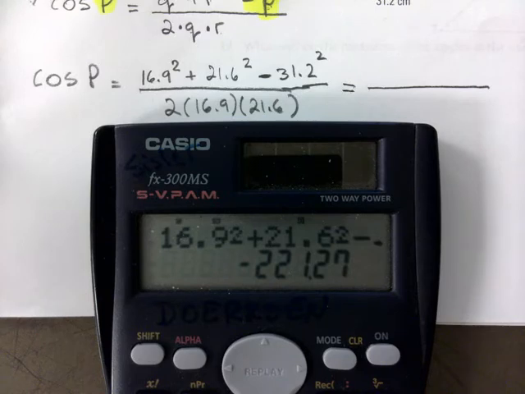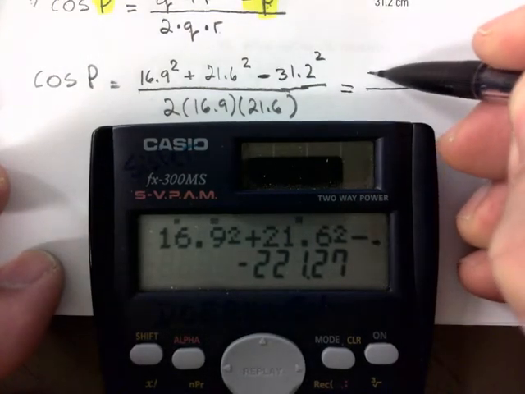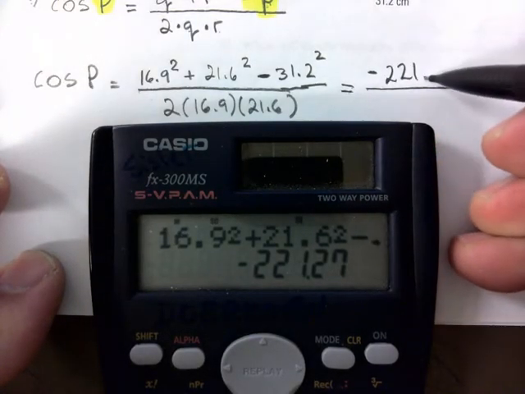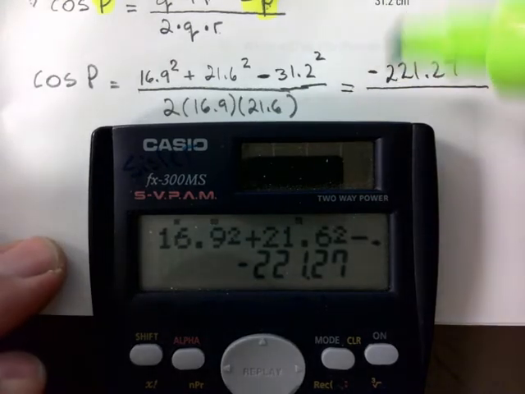It's negative. Never drop that negative. It's extremely important that you don't. Sine law, you will never have that problem. Cosine law, yes. Okay, so we actually go negative 221.27. And I will grab my highlighter, maybe a different color. Okay.